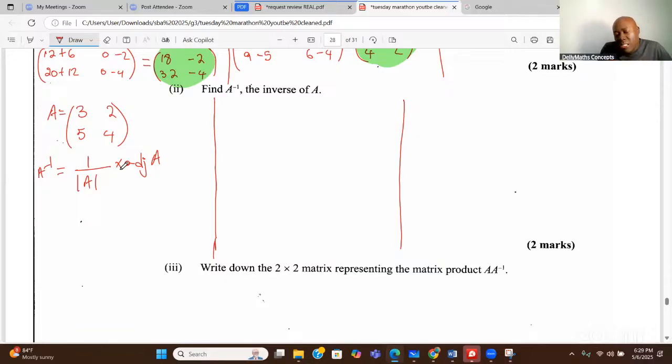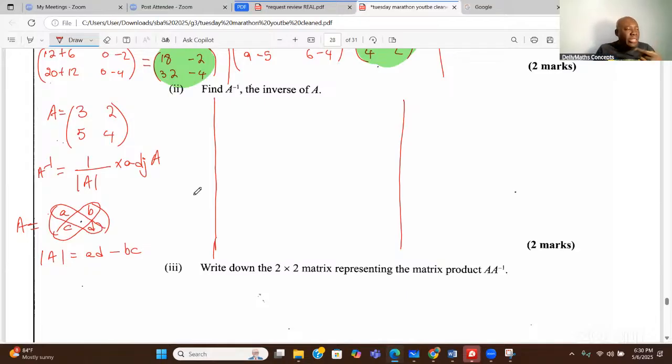So here's the deal. What you need to do is go and find your determinant. If you don't remember, let us say I have a matrix A, B, C, D, and we call this matrix A. The determinant of the matrix A is the product of the main diagonal, which is A times D, minus the product of the other, non-leading diagonal, B times C. So that is what you do.